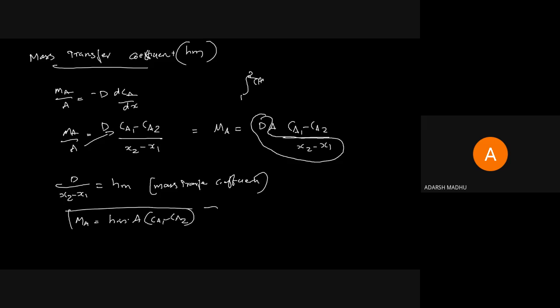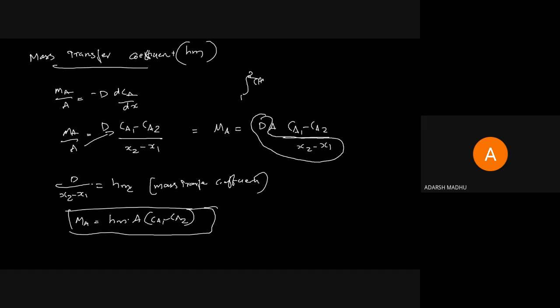HM value is D by x2 minus x1, which is related to concentration, since CA1 minus CA2 is the concentration difference. This gives D by x2 minus x1 equal to HMC, the mass transfer coefficient.